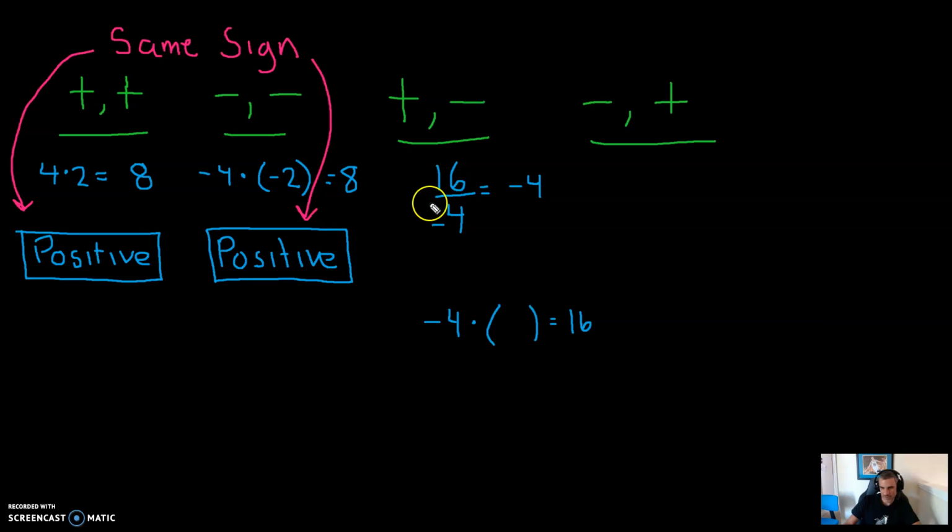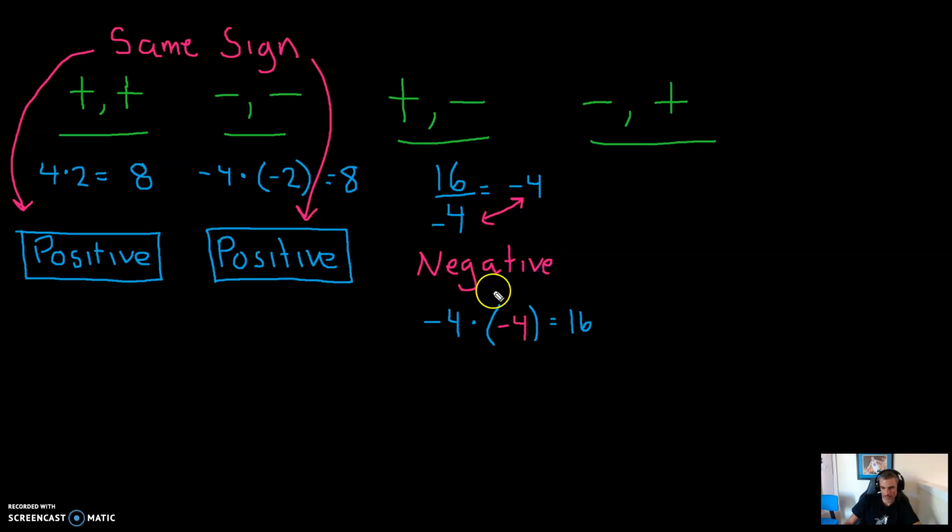So it makes sense that when I divide positive 16 by negative 4, I'm going to get a negative, because I have to multiply these two numbers together to get back to my positive 16. So this has to be a negative 4. So in this case, when I divided a positive by a negative, it is negative.